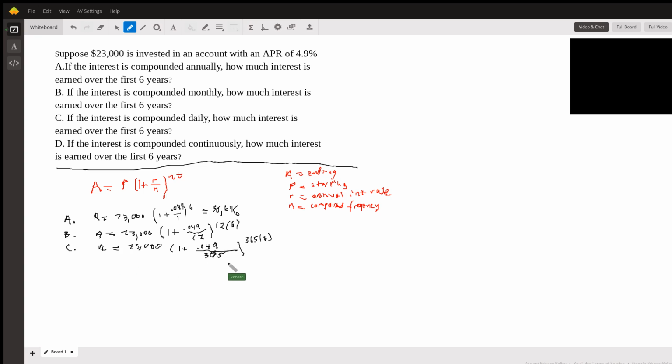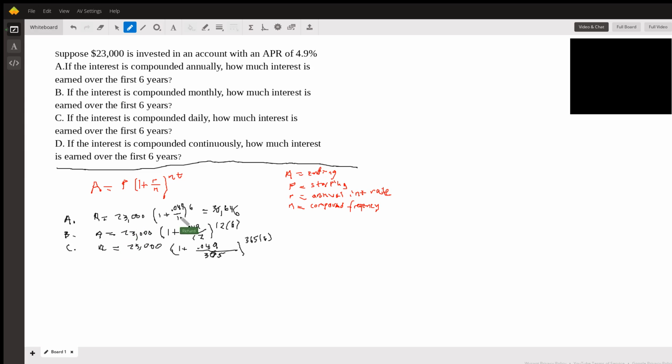And these are all realistic things. You can buy a bond, for example, that pays interest annually, or you can buy a bond or some other investment that pays monthly, or you can find a money market account that pays interest daily.